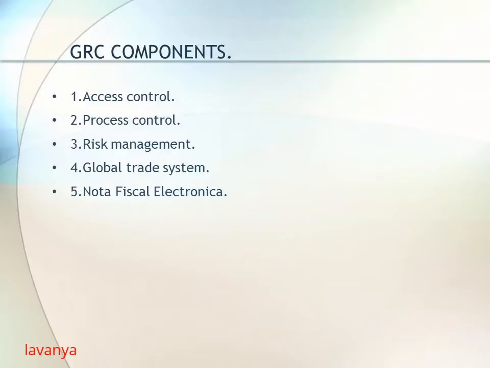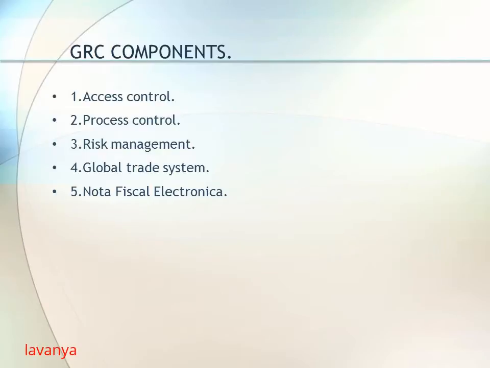In process control, all the financial activities are performed like certification, control documentation, reporting, etc. Risk management is used by the risk management department in any organization. Risk can be anything like theft, loss or natural calamity, etc. Global trade system allows companies to do export and import trade processing in SAP ERP according to the vendor and the country.